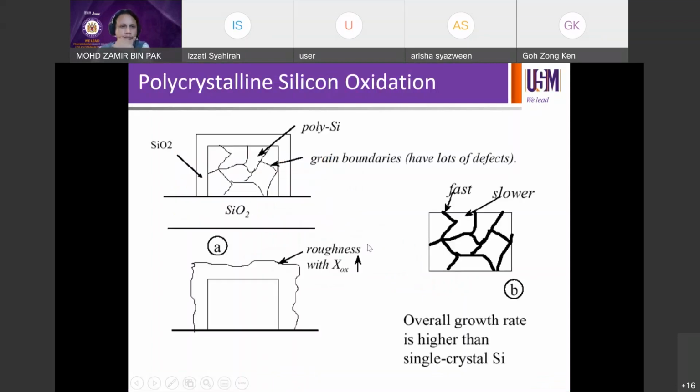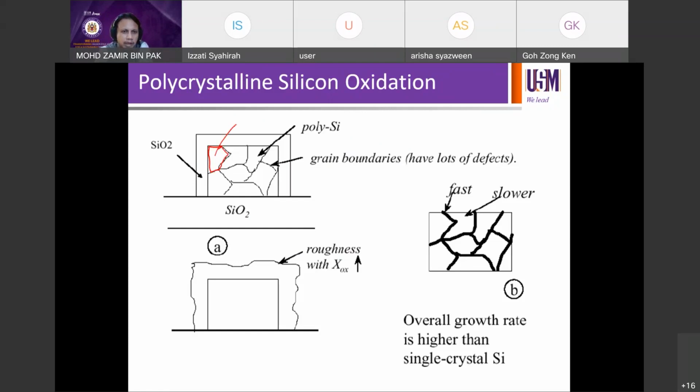Good. Right, polycrystalline silicon oxidation. So we have been discussing monocrystalline silicon oxidation. What if we run a polycrystalline silicon thermal oxidation? We know that polycrystalline has multiple grains. Each of these is one grain.